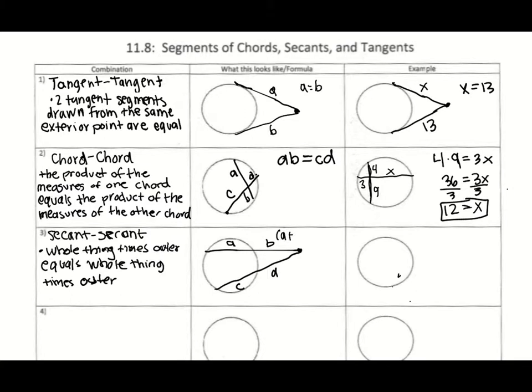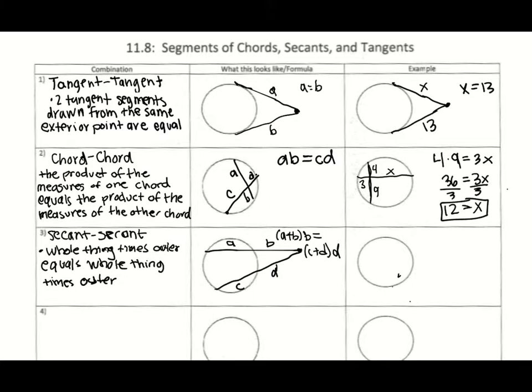So we can write that whole line as A plus B, and we times the outer piece, which is B. B is outside of our circle. So that equals the other whole line, which is C plus D, that whole thing, times the outer piece, which is D. So that is our formula for the secant-secant combination.